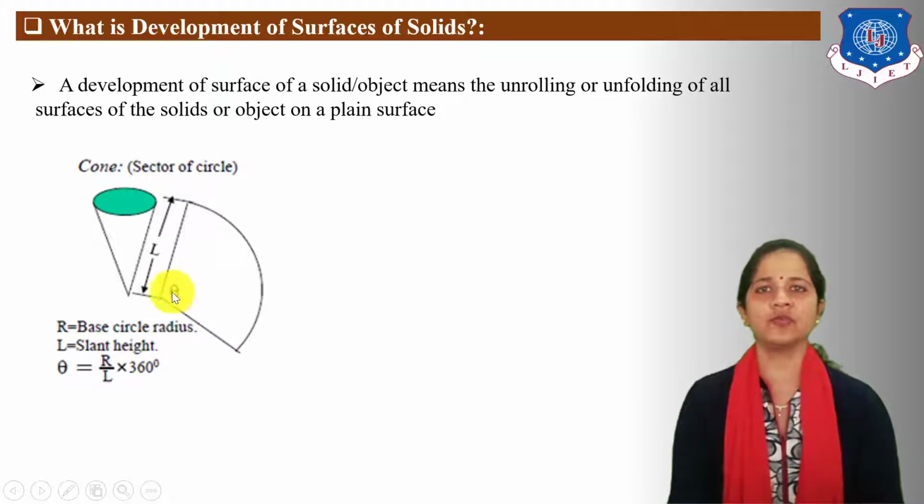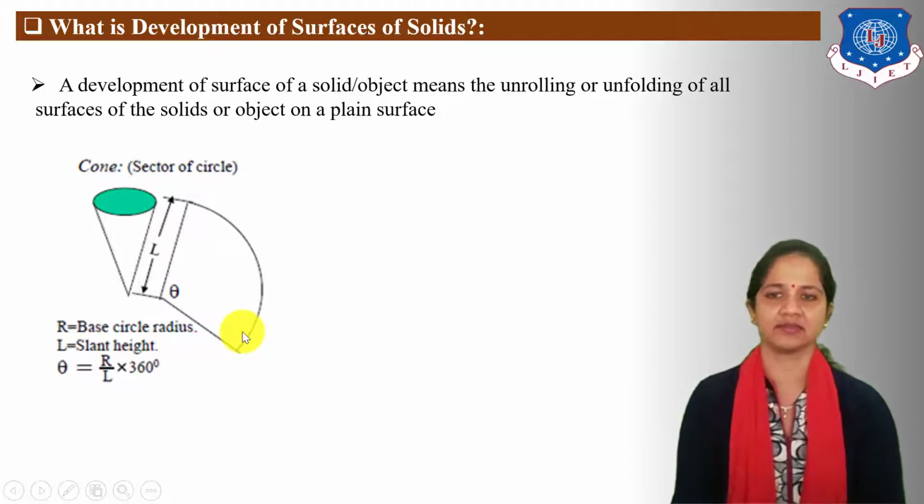Now, how to find the value of theta? Theta depends on the radius or diameter of the base circle and the slant height or length of generator. So theta is equal to r divided by L multiplied by 360. Here this arc length is equal to the circumference of the base circle, which is 2 pi r or pi d.